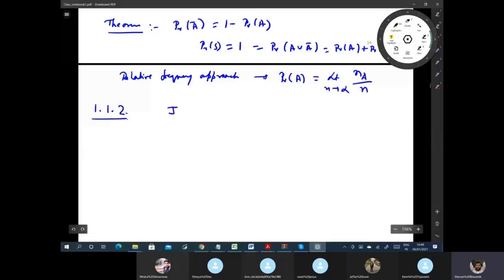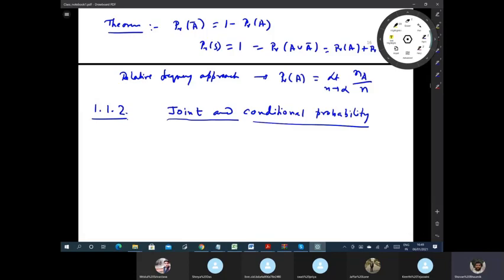This is also very important: what is joint and conditional probability? What is joint probability and what is conditional probability? This is very important. Can anybody say what is joint probability?